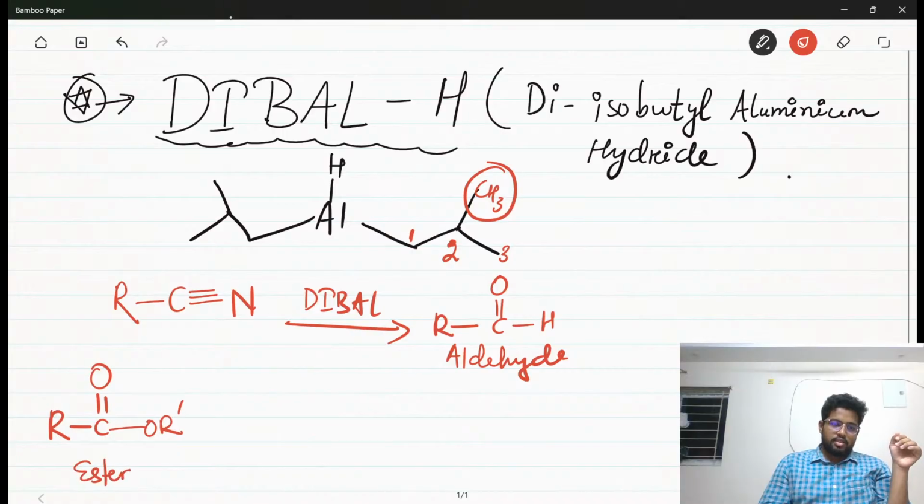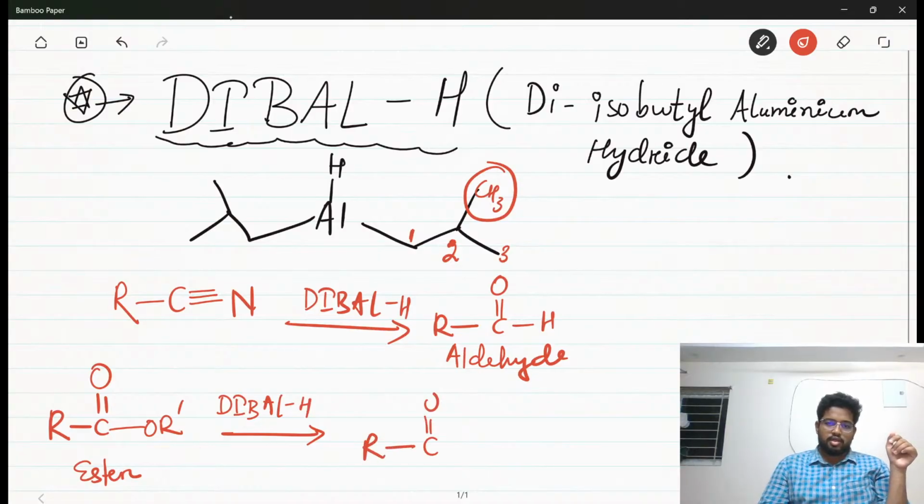Similarly, R-C double bond O-R' is an ester. When you treat DIBAL-H on an ester, the ester is also converted to an aldehyde, plus the other part of the ester becomes alcohol.